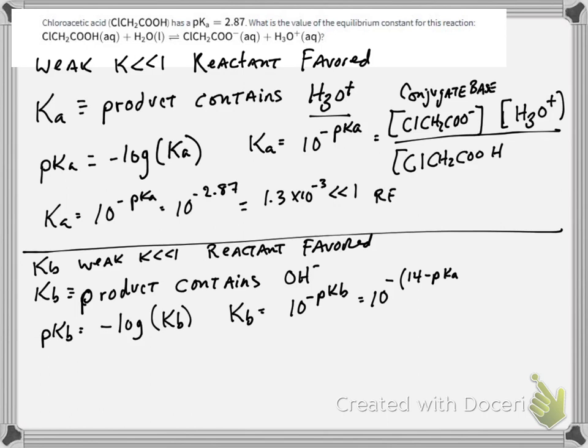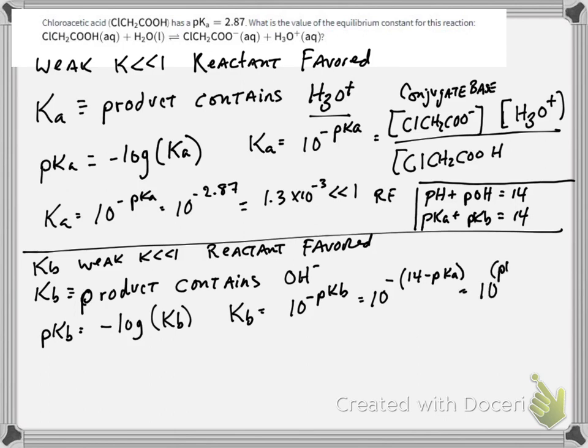This has a very similar relationship to pH and pOH: pH plus pOH equals 14, and pKa plus pKb equals 14, right? Those are the two relationships with p that are important to keep in mind.